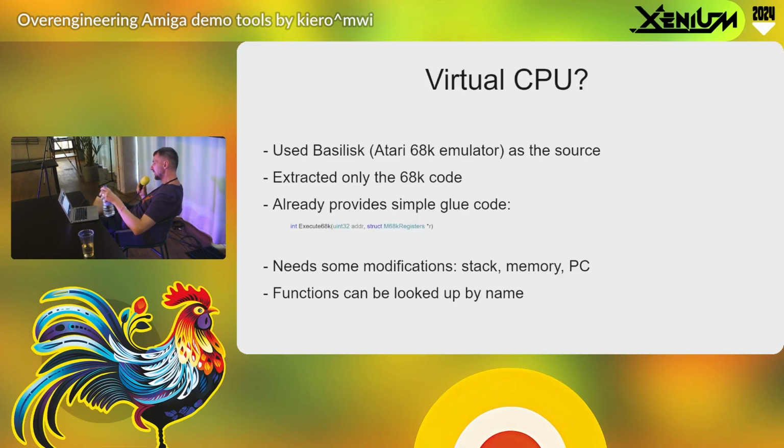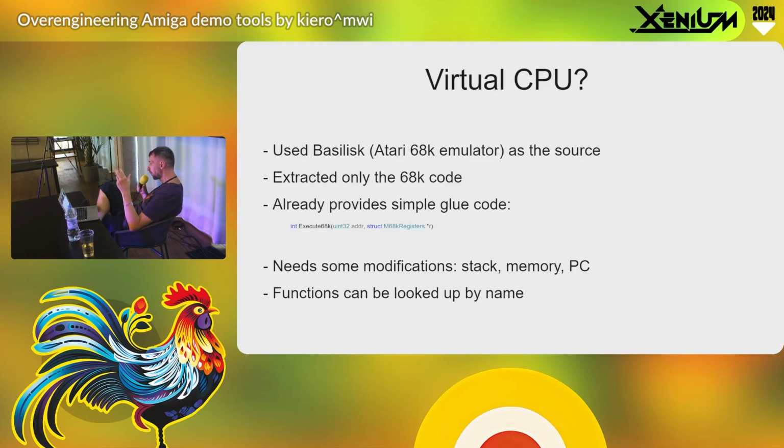The other parts are the stack and some memory mapping, because the emulation uses custom memory, but we basically mapped all of the 32-bit address space from PC to Amiga, so you could access all of the buffers that were created on the native side.